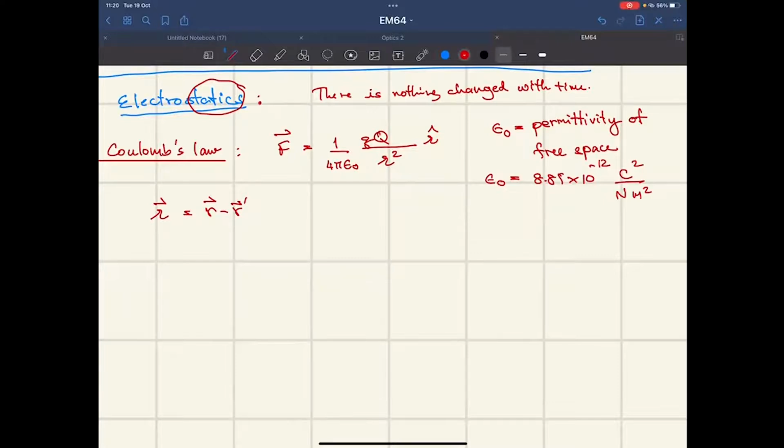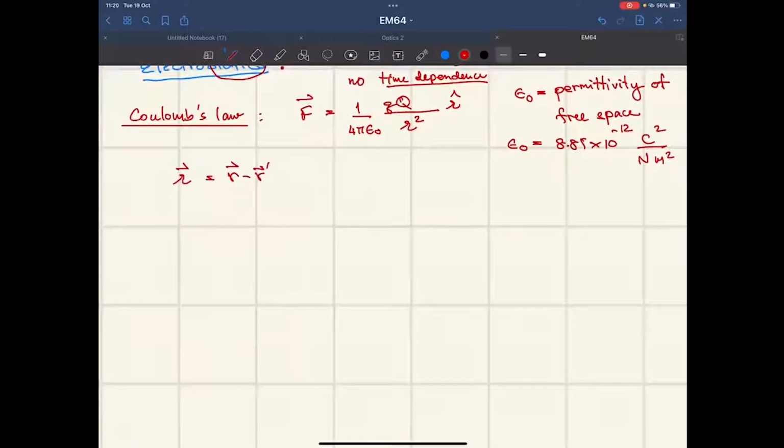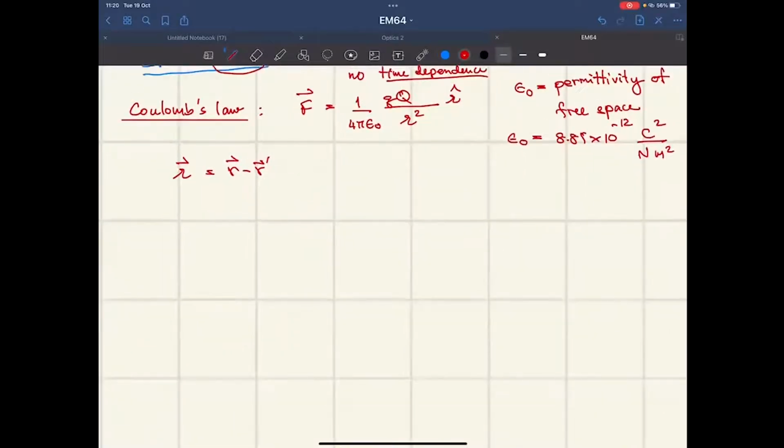There's no time dependence. This is really important. Any questions? No? Okay, so let me draw figures for you. To understand this, you must see the figure here.